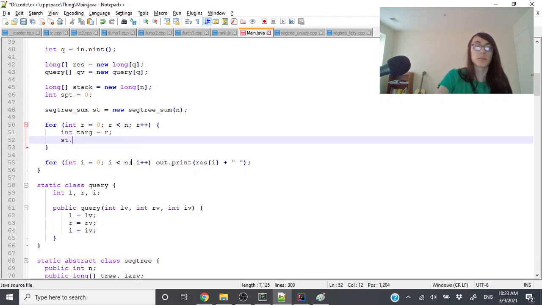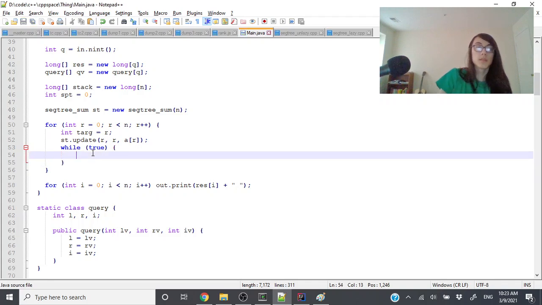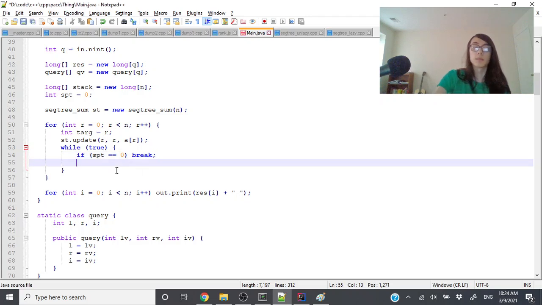Let's see, st.update rr ar, while true. So int v equals stack s point.